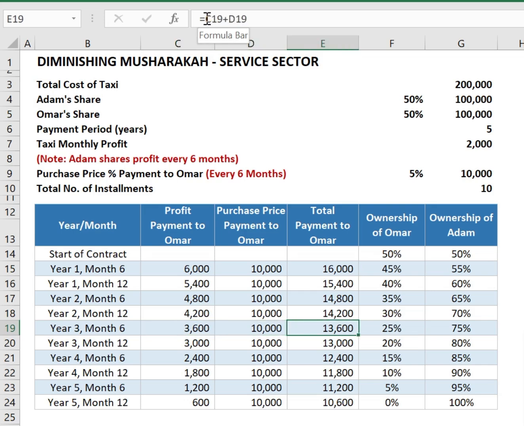So this is the completion of the schedule. As you can see here, the profit payment to Omar decreases due to the decrease in his ownership interest, until the last payment where his ownership interest is reduced to 0, while the ownership interest of Adam is 100%.